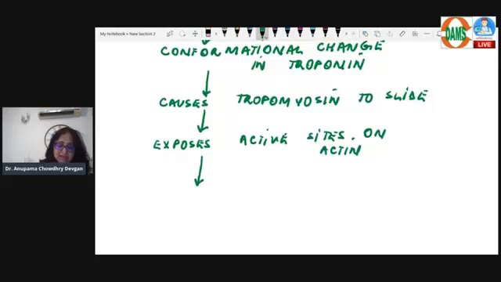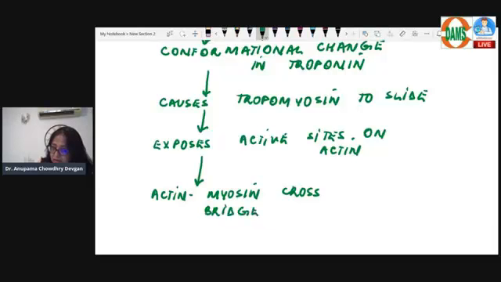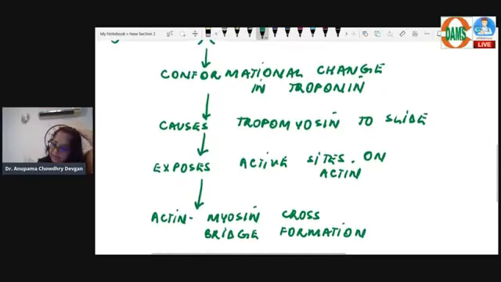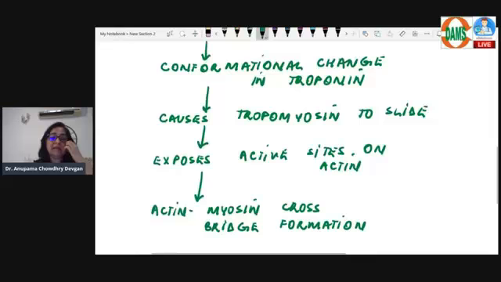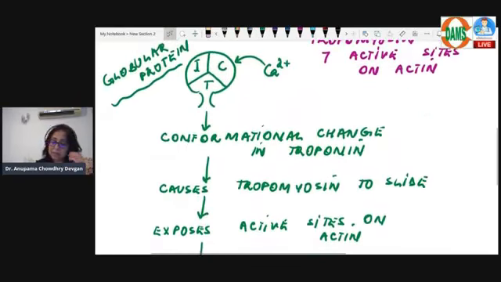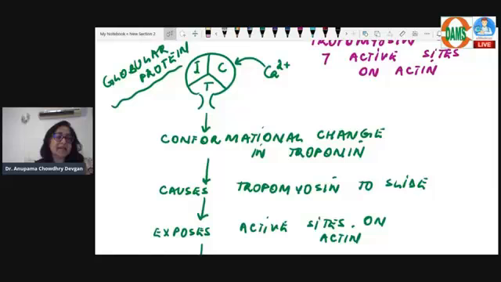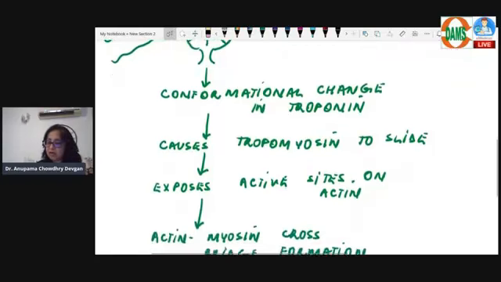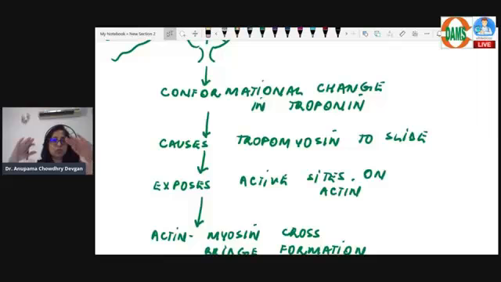And the moment active sites on actin are exposed, now starts the actin-myosin cross-bridge formation. There is going to be an interaction between actin and myosin. So this is what happens when calcium attaches to troponin C: there is a conformational change in troponin, which causes tropomyosin to slide.